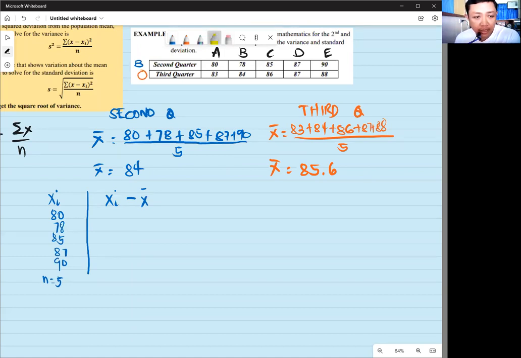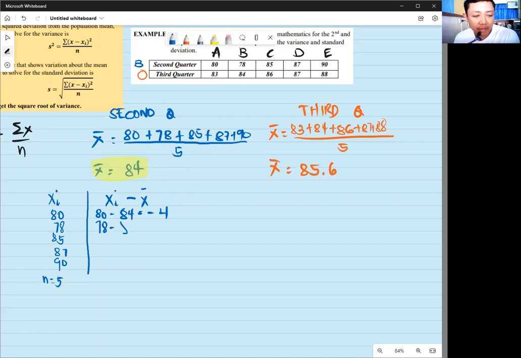And take note of this, our mean is 84. So what we will do here is 80 minus 84. The answer is, type it in the chat box, please. 80 minus 84 is -4. Correct. This is -4.